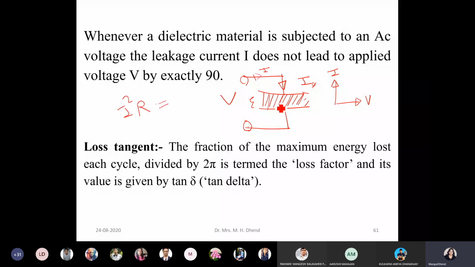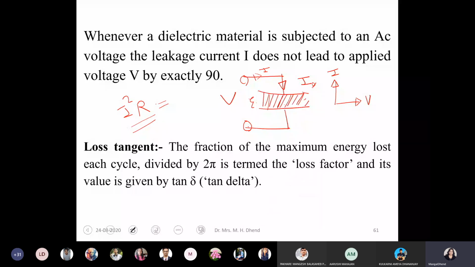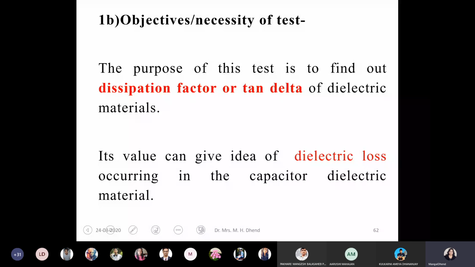Why that dielectric loss takes place, we will discuss when we understand what is happening in the material, where you need to understand polarization and orientation. At that time I will tell you. Now just remember dielectric loss takes place due to the resistance of the capacitor, and we have to measure this dielectric loss, that is tan delta, because if we measure tan delta, we can measure power loss.